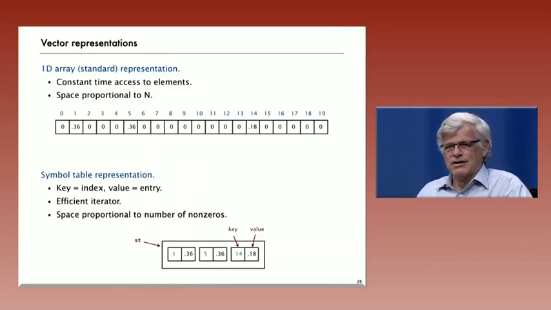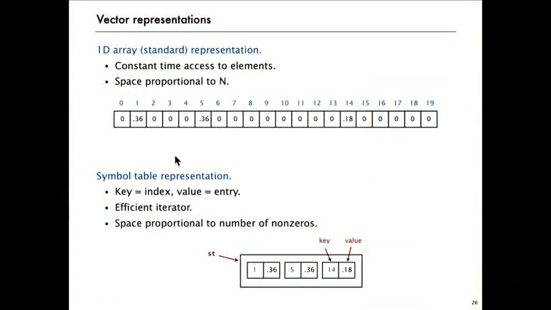And the idea is to cut down on that cost by taking advantage of the fact that there are a lot of zeros. So let's start by just looking at vectors. The standard representation that we use for a vector is to simply use a one-dimensional array. We have constant time access to every element, but the space is proportional to n.